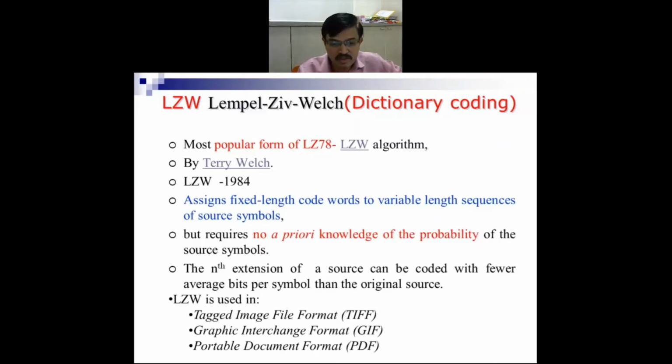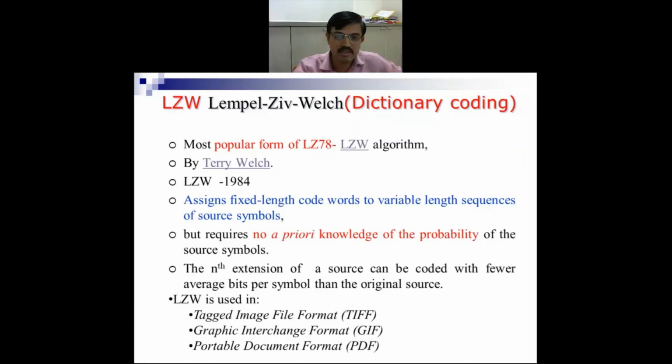Now, where do we observe this particular Lempel-Ziv-Welch code? This is a very popular code used in TIFF compression, like tagged image file format, GIF, graphic interchange format, and in creating a portable document format, that is PDF. We used to convert a Word file into PDF. We used to compress the PDF document.